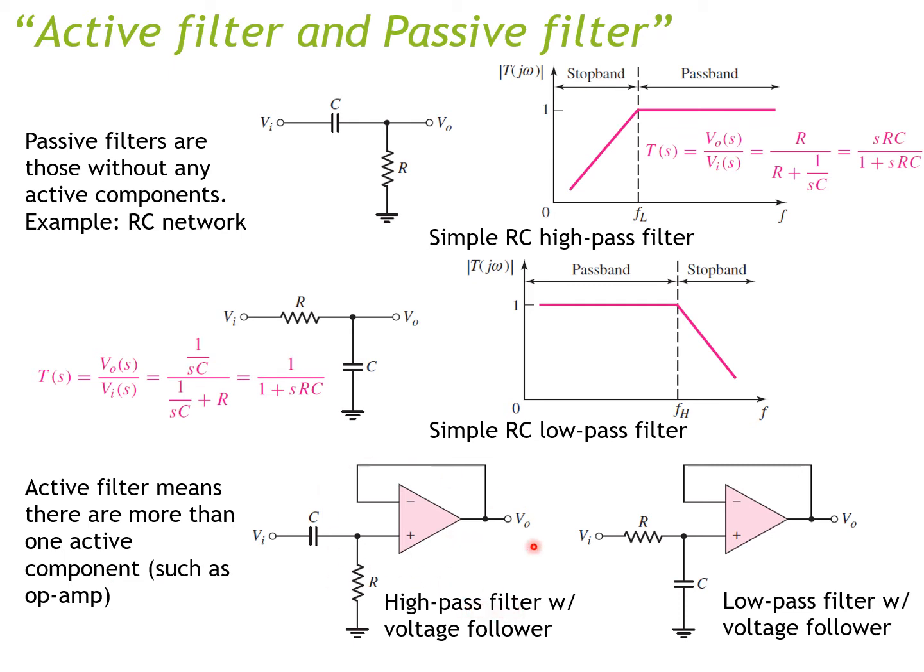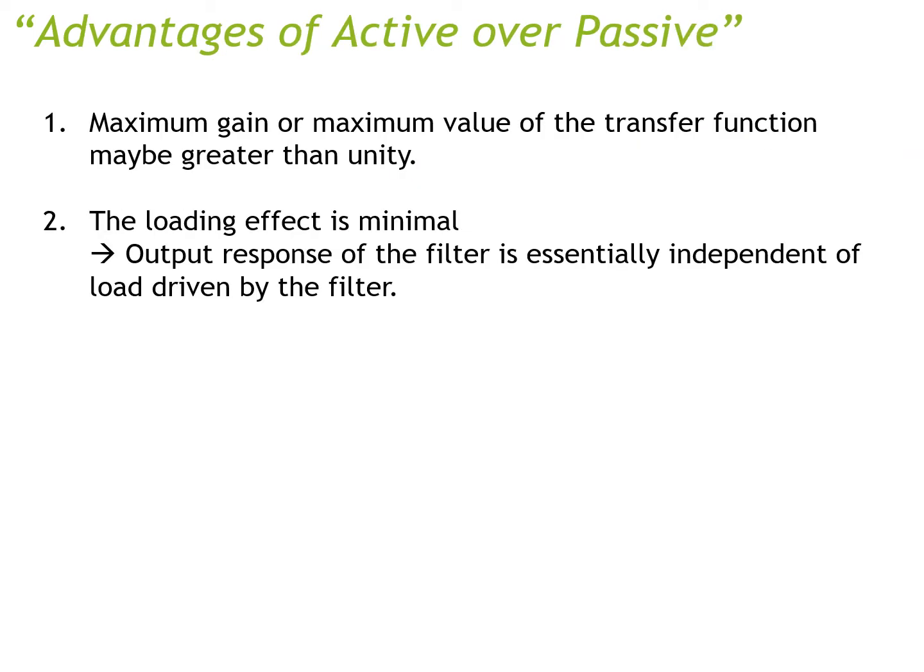So this is a high pass filter with a voltage follower, which is an op-amp, and this is a low pass filter with a voltage follower. Technically, it's just the simple RC high pass network connected to a voltage follower. So why do we need to use an active filter?